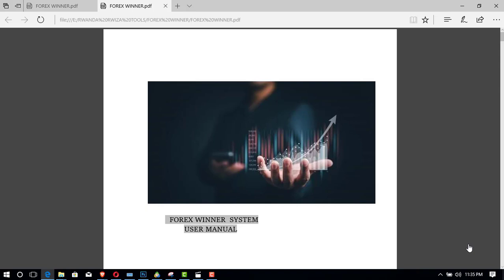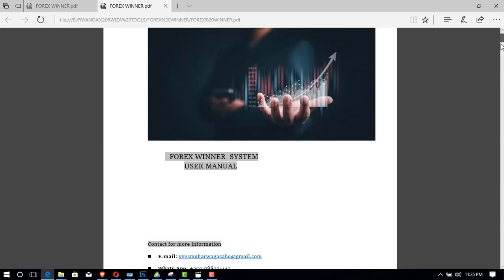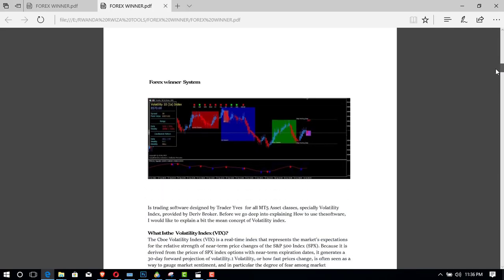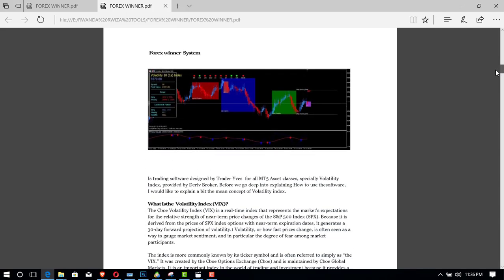As you see on the desktop, we have a view called Forex Winner System. My system is a trading software designed by me, for MT5 asset classes, especially volatility index, boom, crash, volatility 15, volatility 75, volatility 25, and others provided by Deriv.